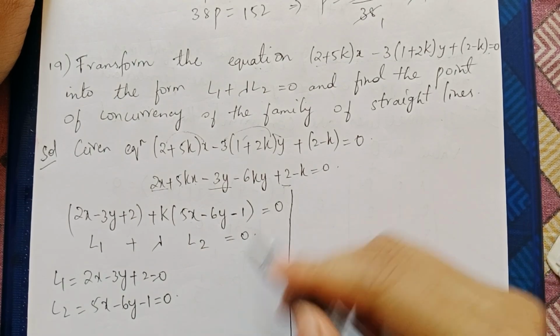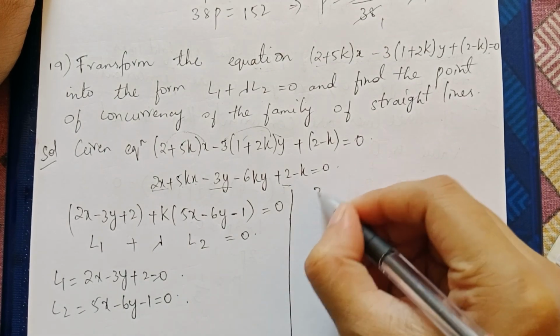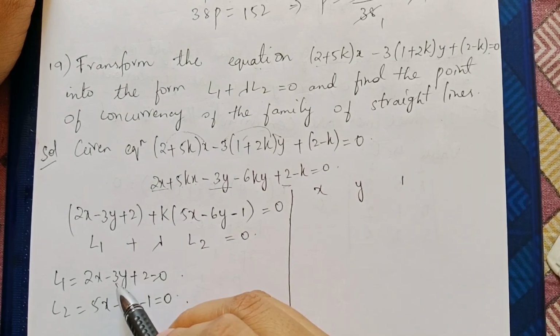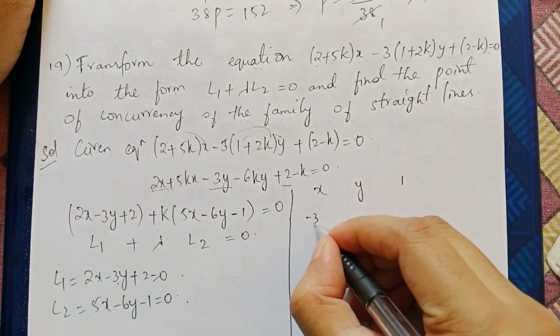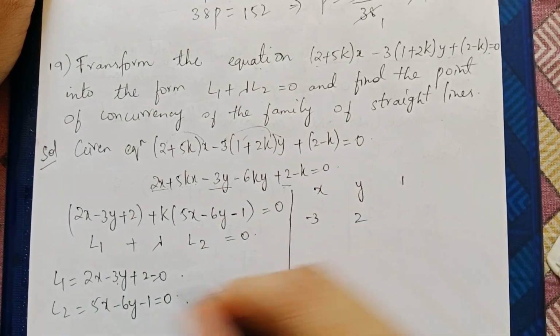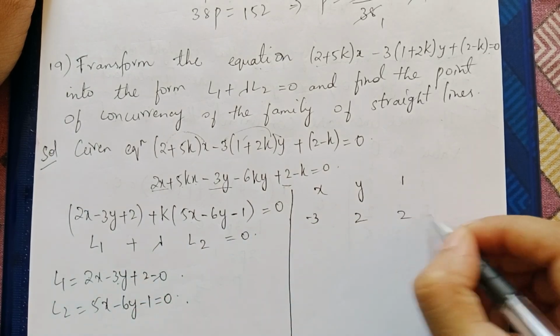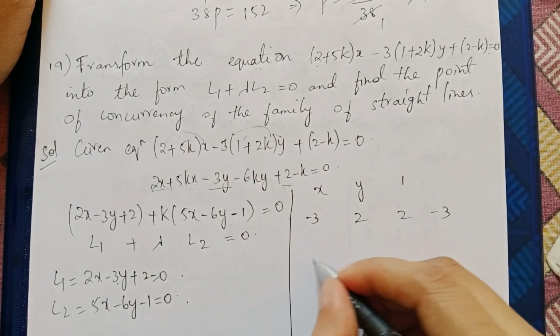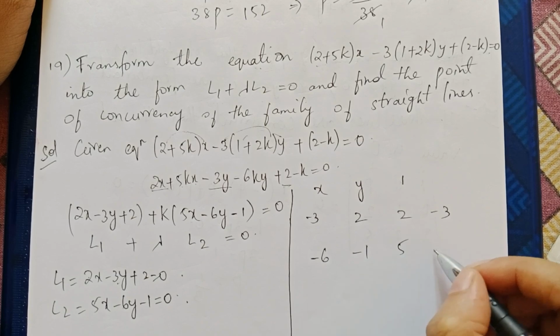Finding the point of intersection of line 1 and line 2, we'll get x, y, 1. Starting from the middle, so it is minus 3, constant term is 2, and again it is 2, and next is the minus 3. Minus 6, minus 1, 5, and again minus 6.